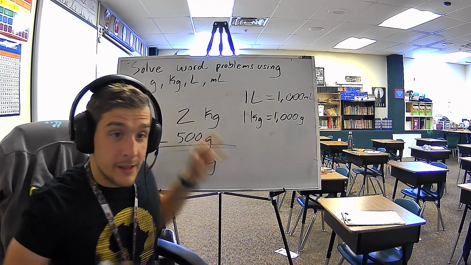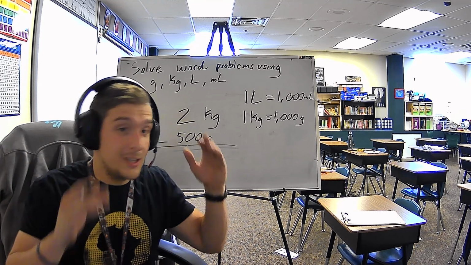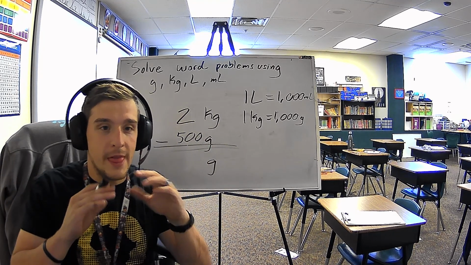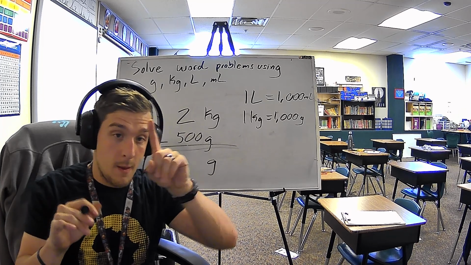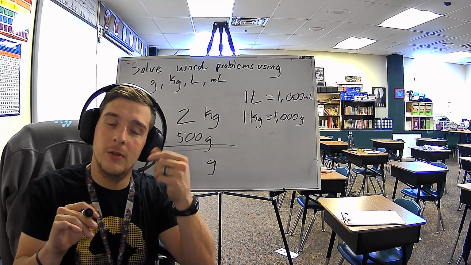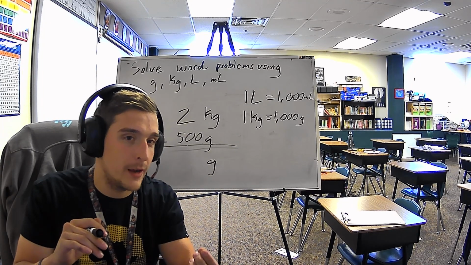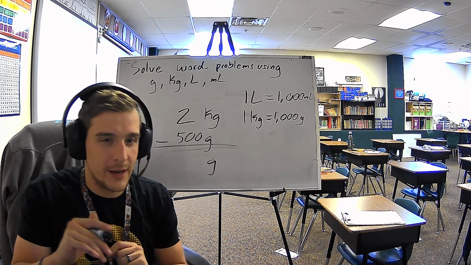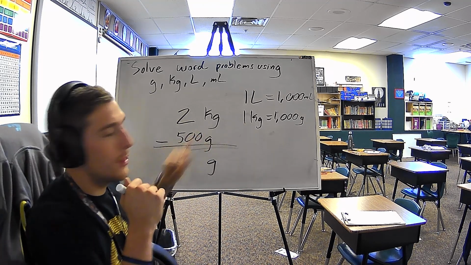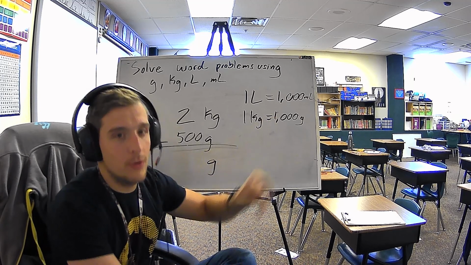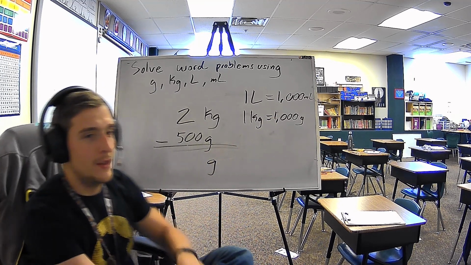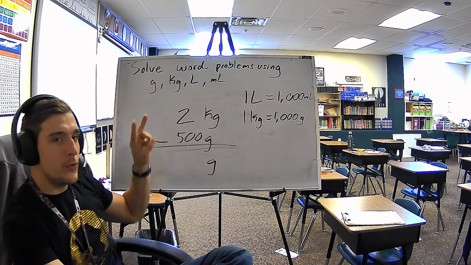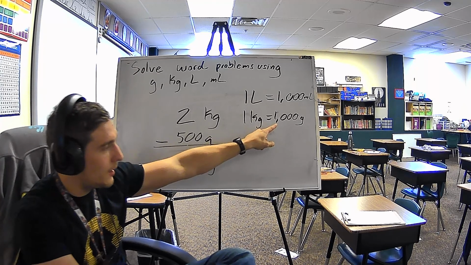Well, they're different units right now. One's in kilograms, one's in grams, so they look different. But if I convert them into the exact same unit, just grams, then you can have an idea here. So, 1 kilogram is 1,000 grams. So, if I have 2 kilograms, how many grams is that?